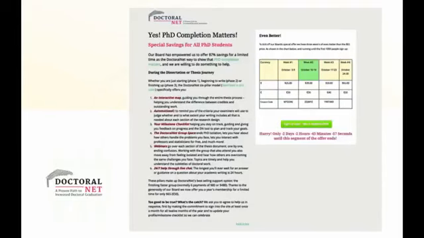So we believe PhD completion matters, and it is not fair that a student wants to get a PhD degree and invests a lot of time, money, and effort, and then at the end that person cannot get that degree because that person is not able to finish a dissertation or a thesis. And I say it is because that person is not good enough to do that?